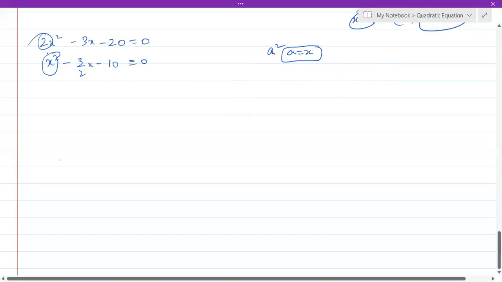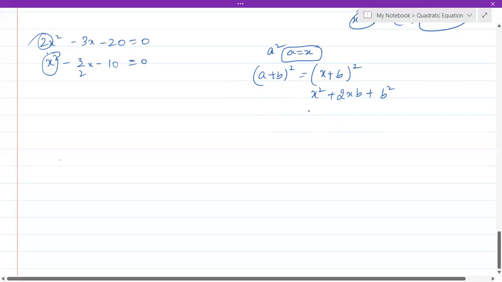Let me take this problem itself. You got to know that a is x, therefore a plus b the whole square can be written as x plus b the whole square, isn't it? Because you got to know that a is x. So expanding this, x square plus 2xb plus b square.